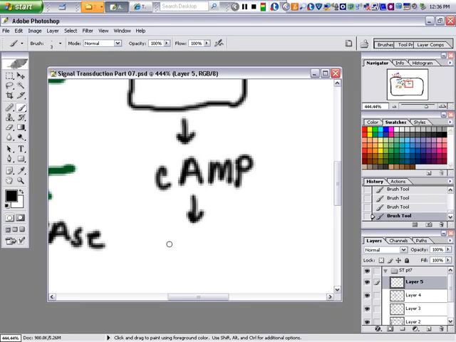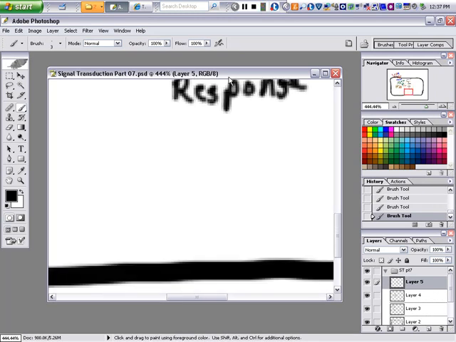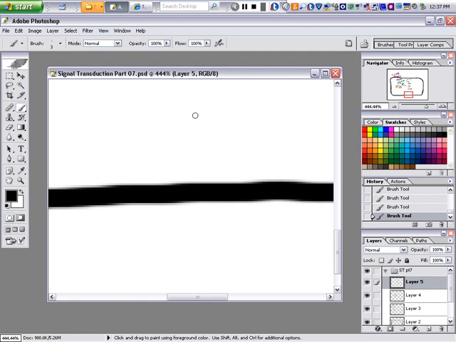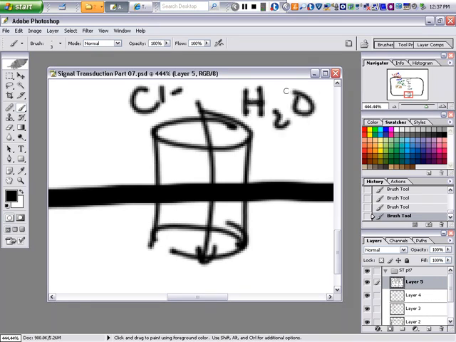Cyclic AMP activates protein kinase A. And then protein kinase A leads to whatever the response is going to be. Since we say this is an intestinal cell, that response is going to be opening some chloride channels, pumping out chloride. And following that chloride, we're going to have a lot of water going out.